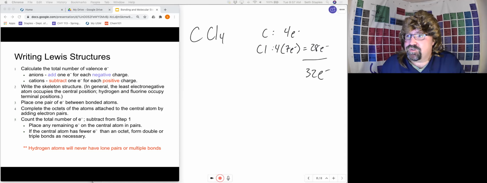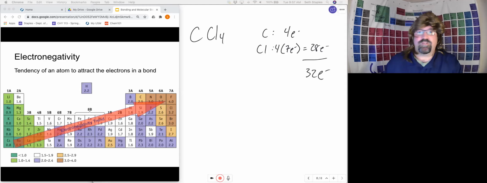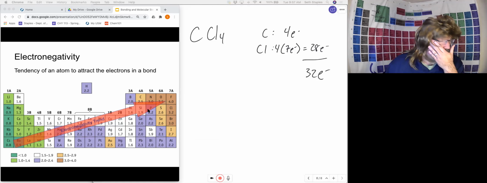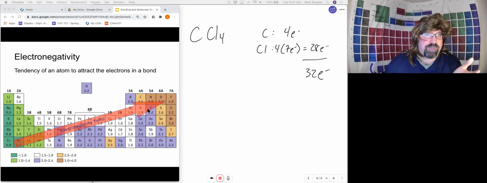Let's go back to our electronegativity slide. So one thing you can do is just look at the numbers, absolutely, and you'll never have to memorize these. If you need the electronegativity values, you'll have them in some way. But we also have this trend. Electronegativity increases as we go up and to the right.